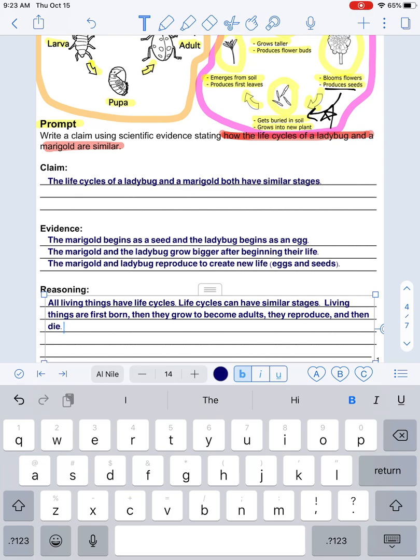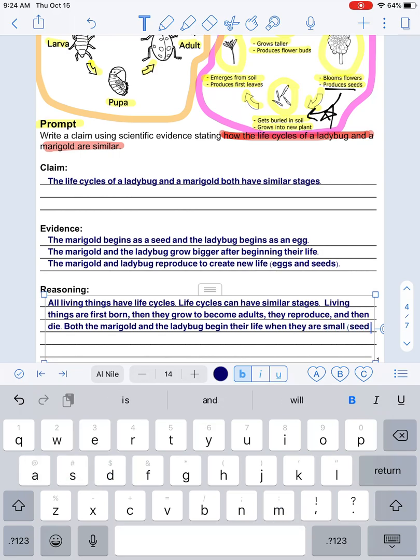In our example, now we'll tie our example in, both the marigold and the ladybug begin their life when they're small.